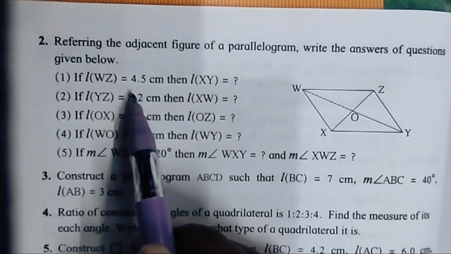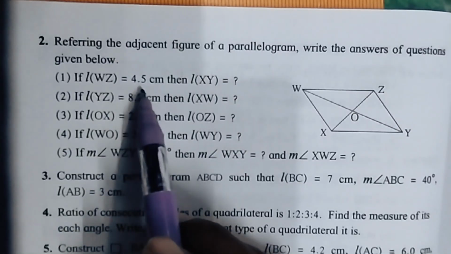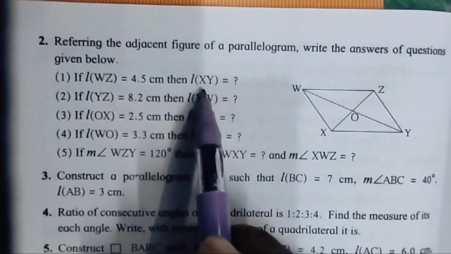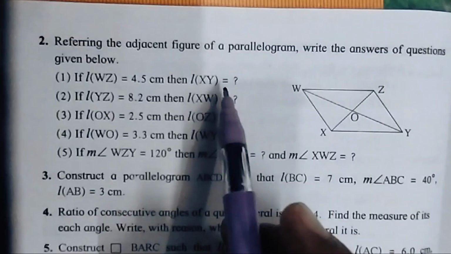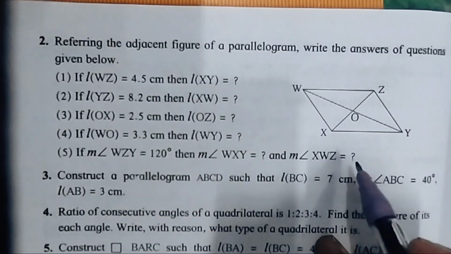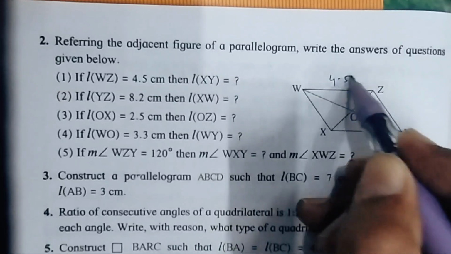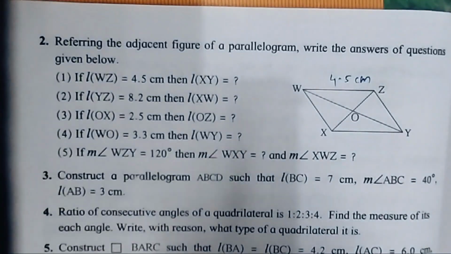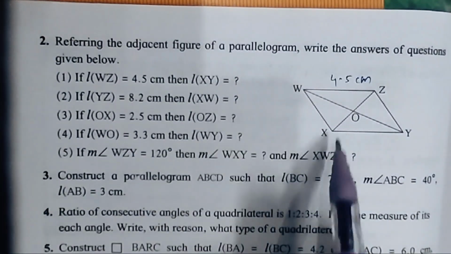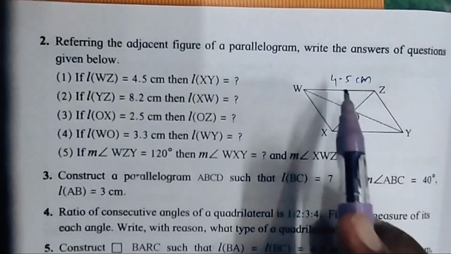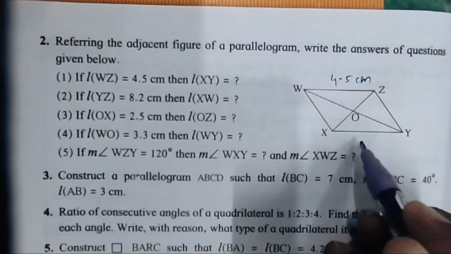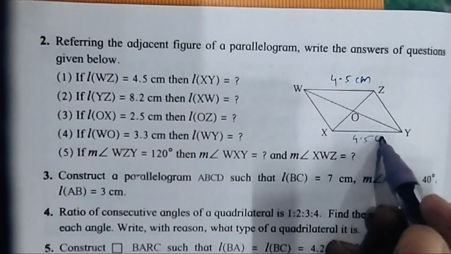If the length of WZ is equal to 4.5 cm, then what should be the value of XY? Here WZ means this side is 4.5 cm. So the value of XY, being the opposite side of the parallelogram, will also be the same, 4.5 cm.